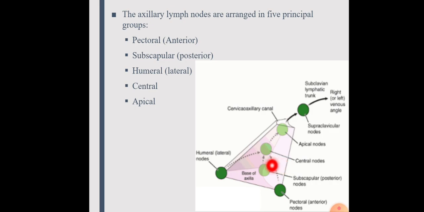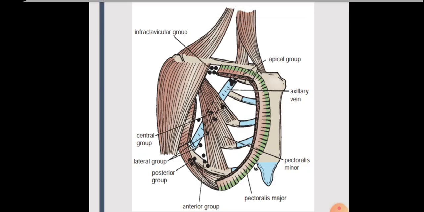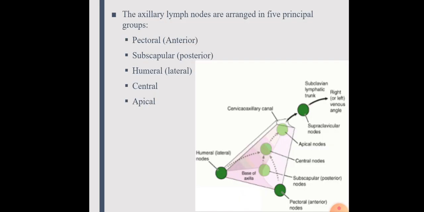Here is the anterior group, this is the lateral group or humeral group, this is the posterior group, here is the central group, and here is the apical group.